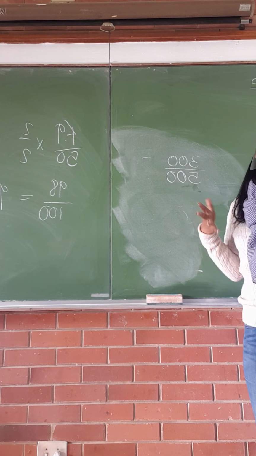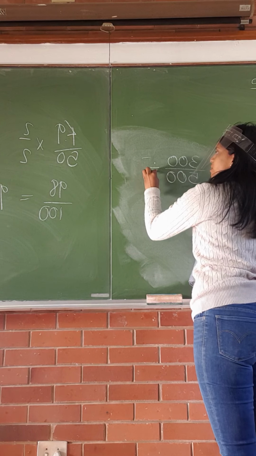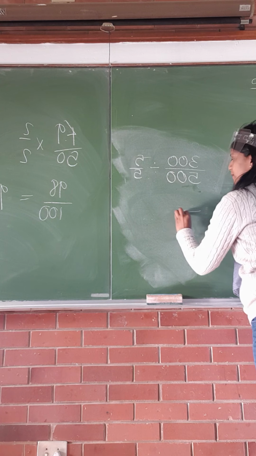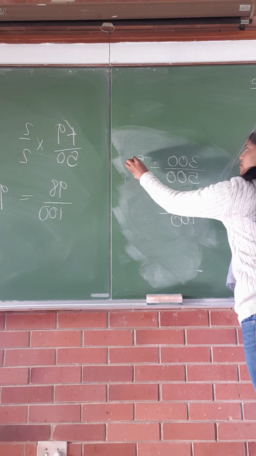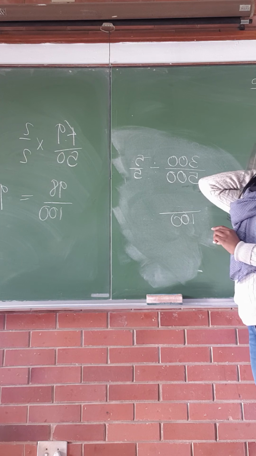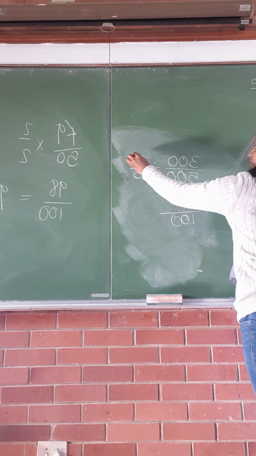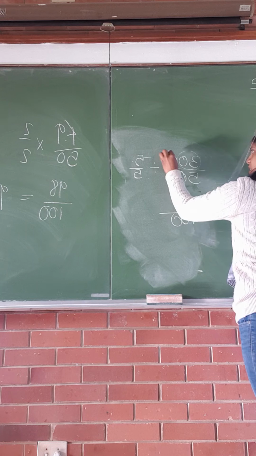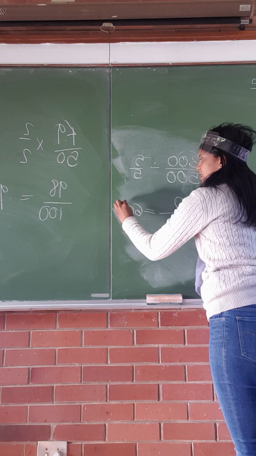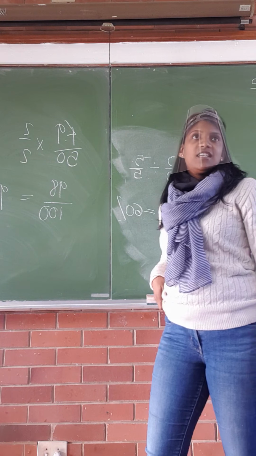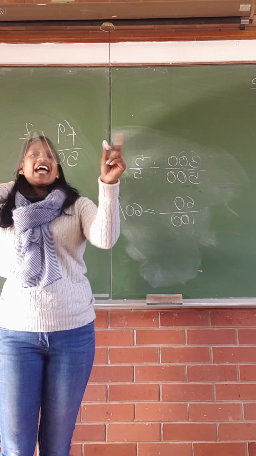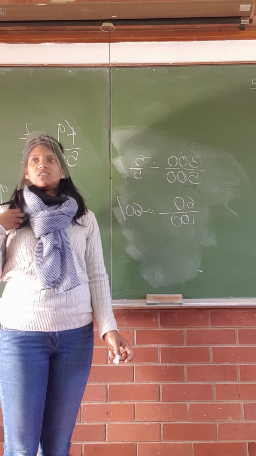I divide by 5. Whatever I do to the bottom, I do to the top. So 5 goes into 500 100 times, and 5 goes into 300 60 times. 5 goes into 30 6 times, and then the 0. So what is my percentage? My percentage is 60%. I got 60 out of 100, which is 60%, but my actual score was 300 out of 500.